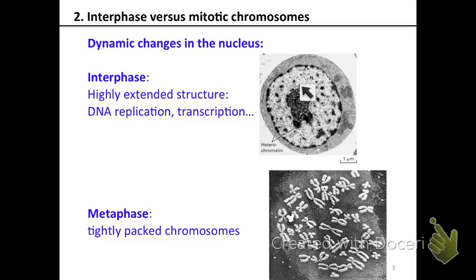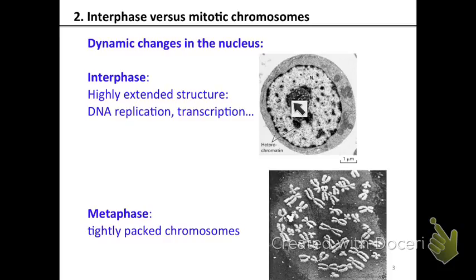You see a round nucleus, and you see these dark spots which turn out to be heterochromatin. These heterochromatin are very condensed chromatin structures where there is not much activity, such as transcription. And then you see these lighter spots which correspond to euchromatin, where the DNA is more active.